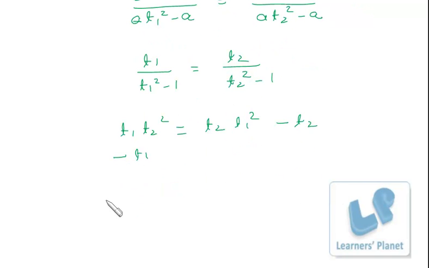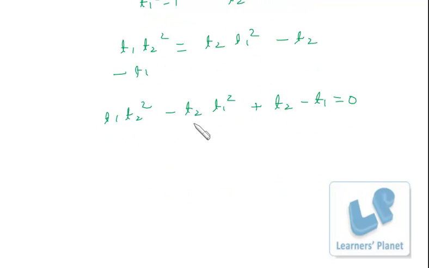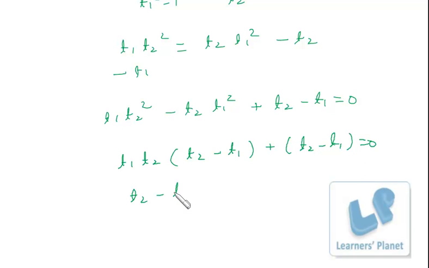We take everything on the same side: t1 t2 square minus t2 t1 square plus t2 minus t1 is equal to 0. Now we can take t1 t2 as common. Here we will be getting t2 minus t1 plus t2 minus t1 is equal to 0. So it is t2 minus t1 and t1 t2 plus 1 is equal to 0.